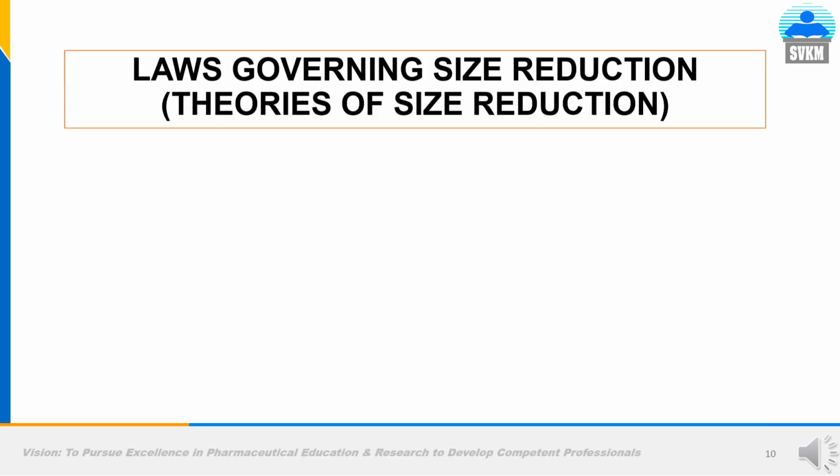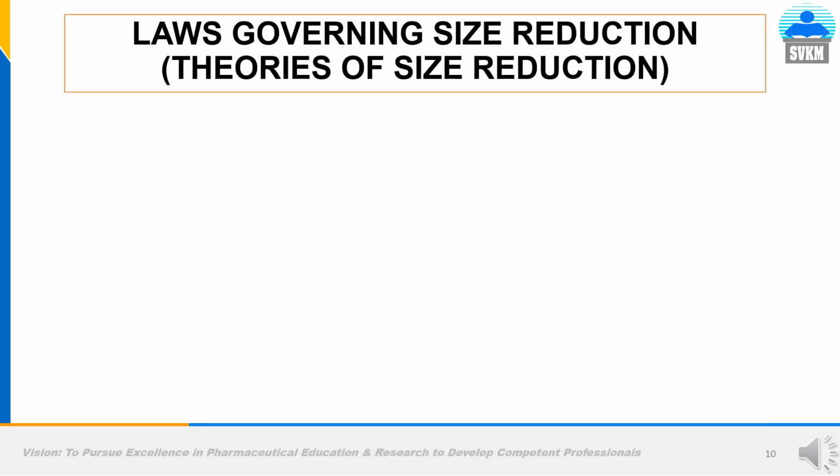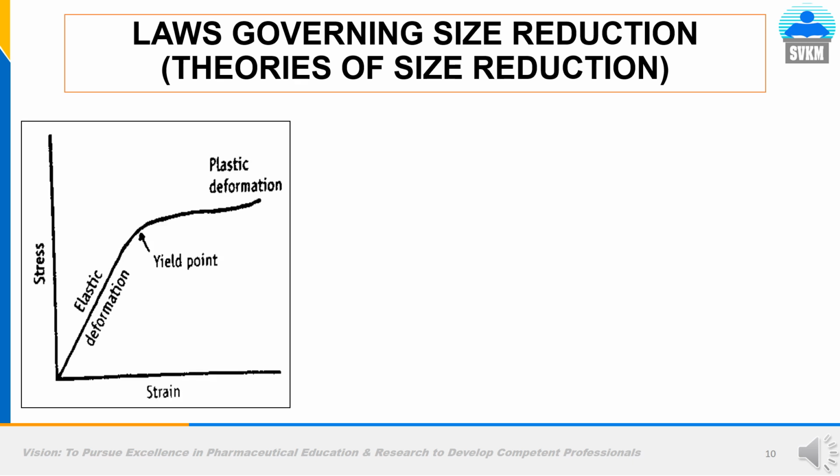Now we discuss the laws governing size reduction, that is, the different theories involved in size reduction. When the various modes of stress are applied on a powder, then the particles get strained. This stress-strain relationship can be observed in that graph. The linear portion indicates Hooke's law.